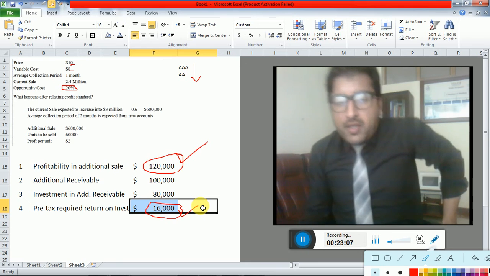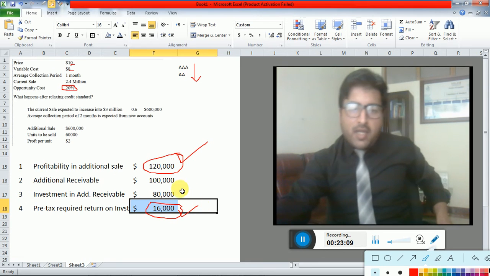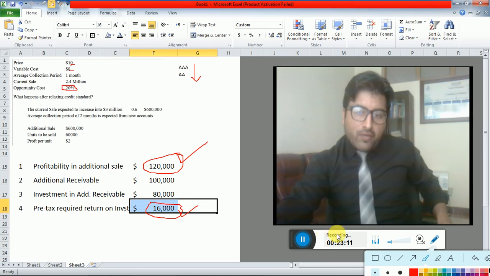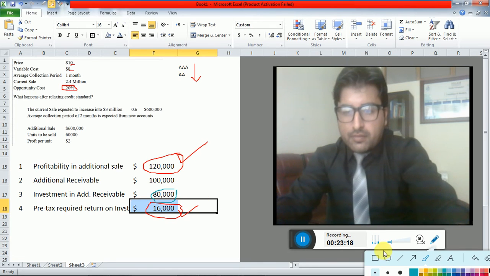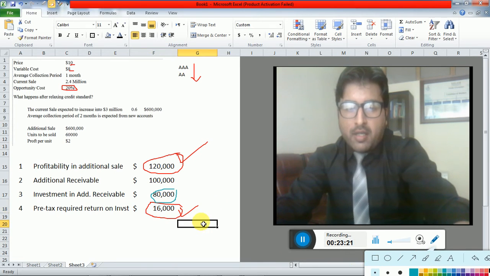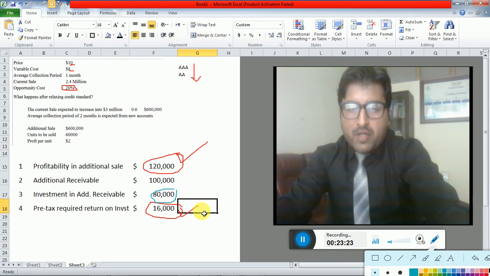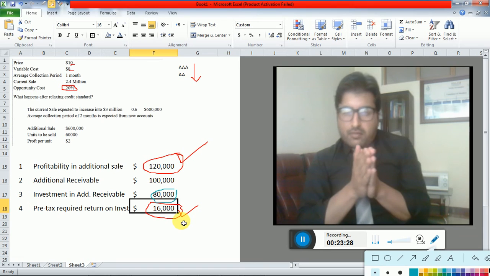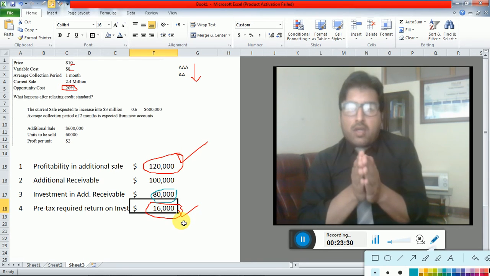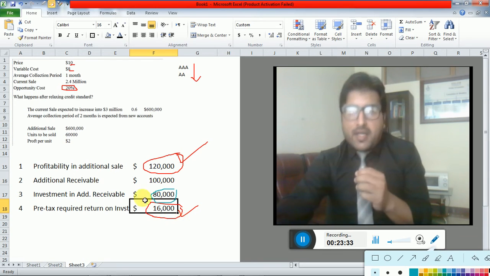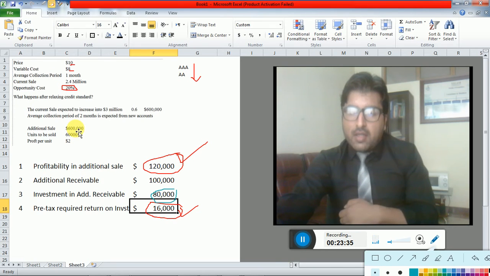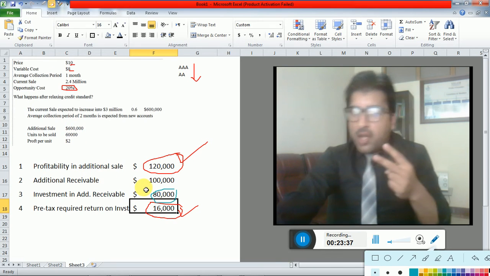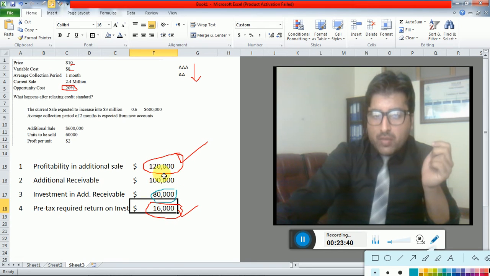Here is one point. Let me explain about investment in additional receivable. Most of the students are confused here. What do you mean by this 80,000 additional receivable? In additional investment, we have investment in additional receivable. This means whenever you are lowering the credit standard, there is $600,000 new sale, and it means in each 2 months your account receivable will be $100,000.